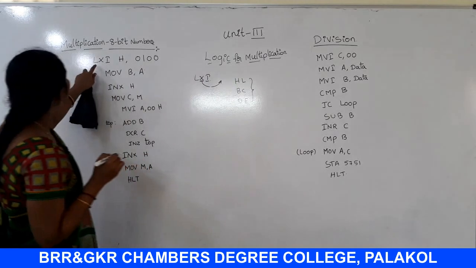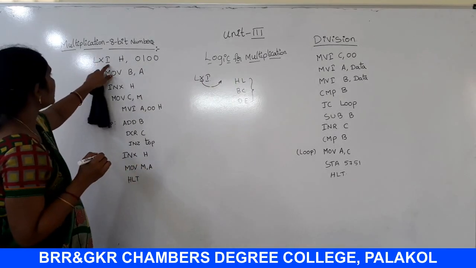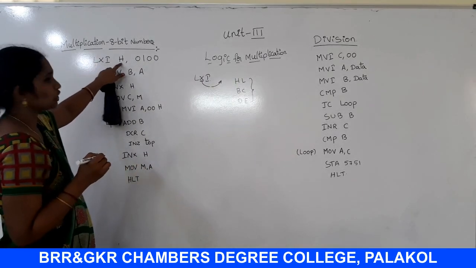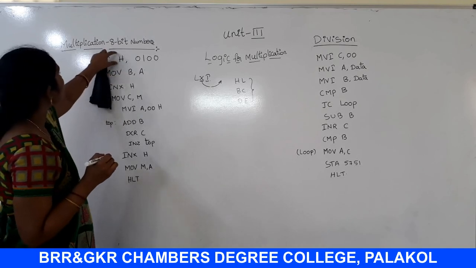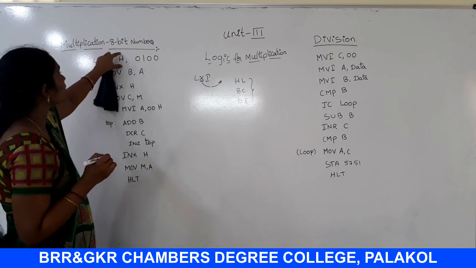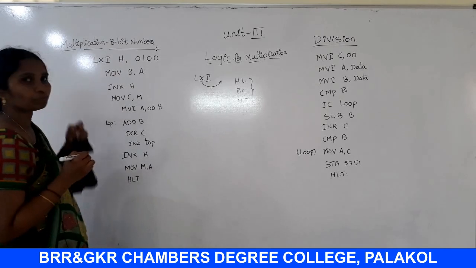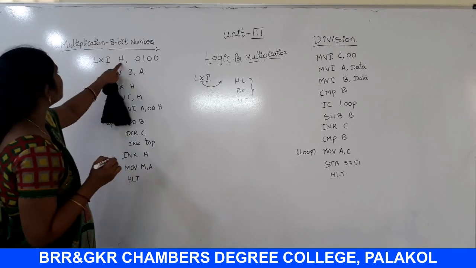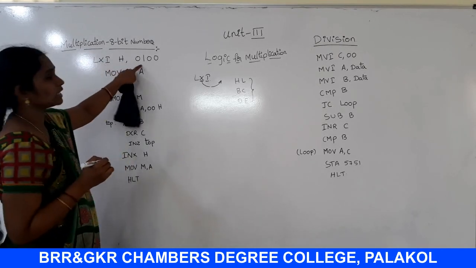The first instruction is LXI H, so this instruction belongs to the HL register pair. This is also a hexadecimal value. What is the meaning of this instruction?